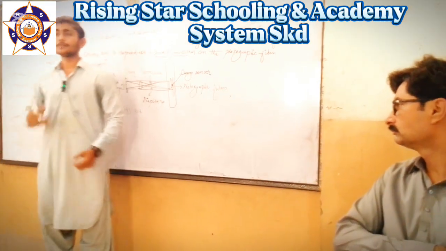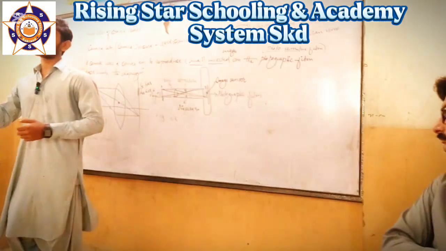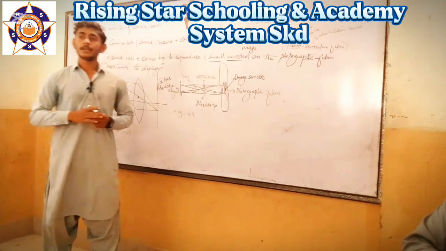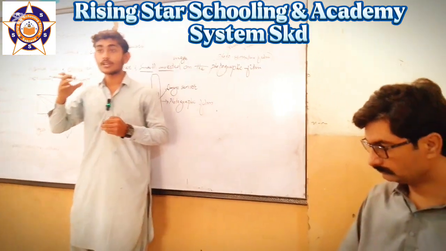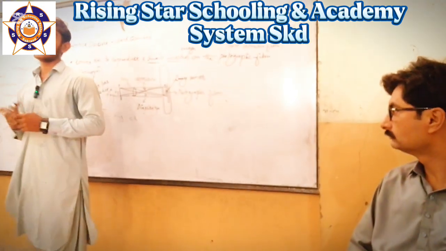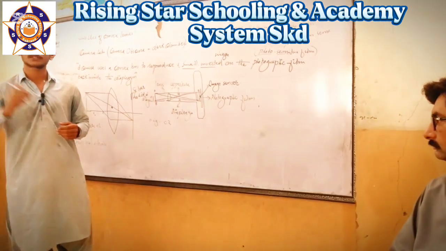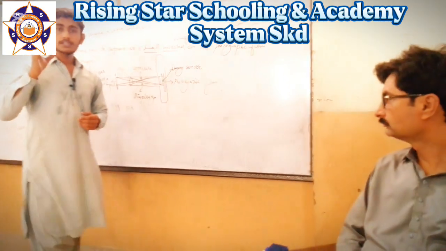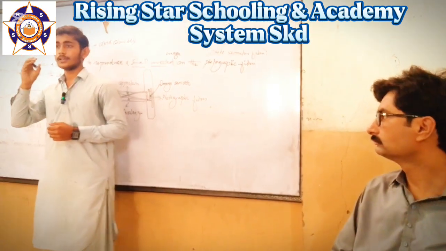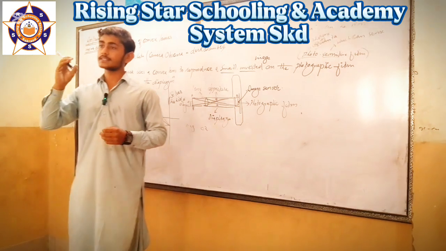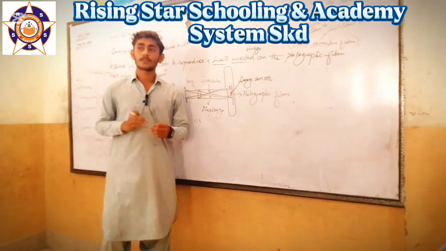So you may be thinking: whenever we capture a picture on the camera, how are we able to see a straight, upright image? What is making it erect? Let's take an example from our daily life: our eye naturally consists of a convex lens.